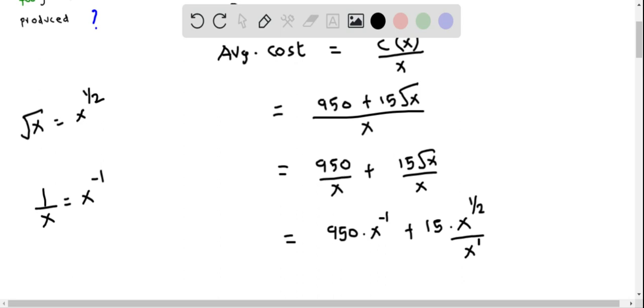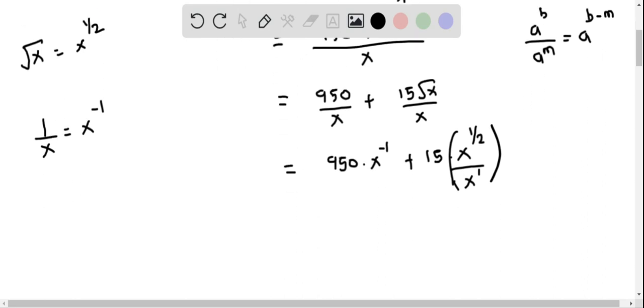Now we do some algebra. When we divide exponents in the form a to the power b divided by a to the power m, this equals a raised to the power of b minus m. So we can combine these two quantities using this law of exponents. Basically we have to subtract the powers.